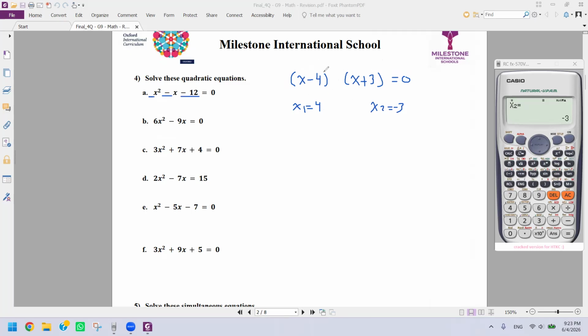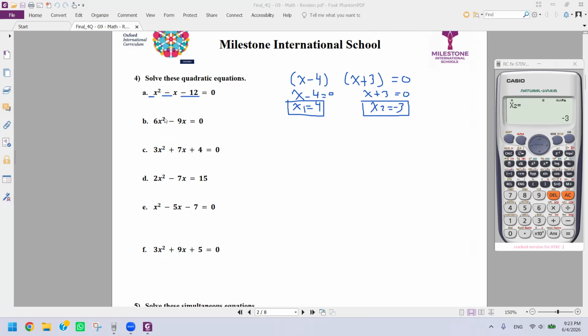Either the first one is 0, or the second one is 0. So how do I solve it? I write x minus 4 equals 0, which means x should be 4 to make it 0. 4 minus 4 is 0. Or x plus 3 equals 0, which means that x is minus 3.